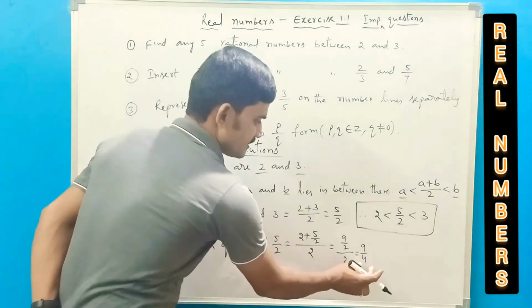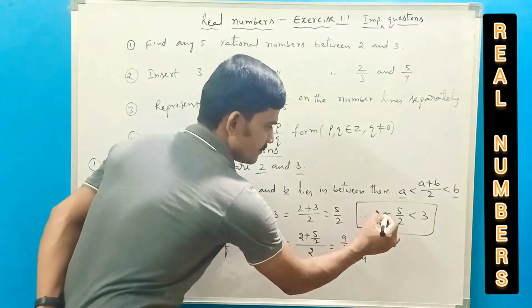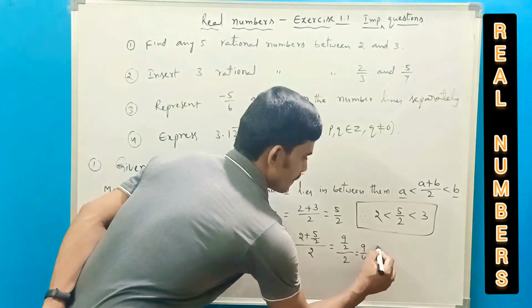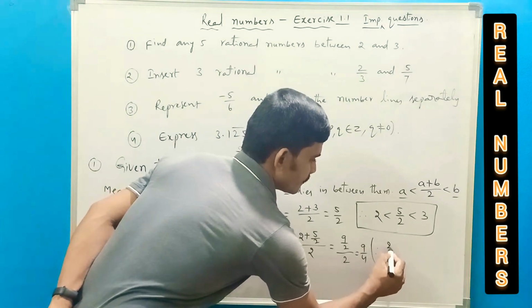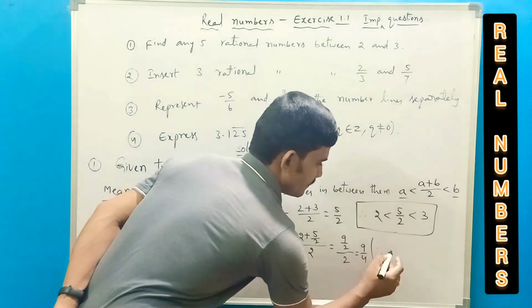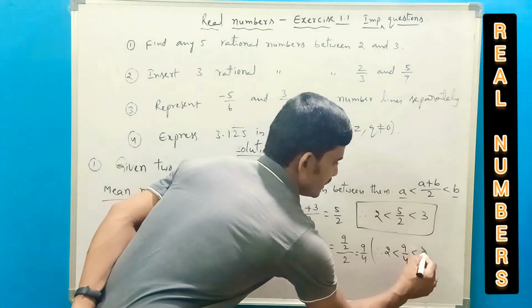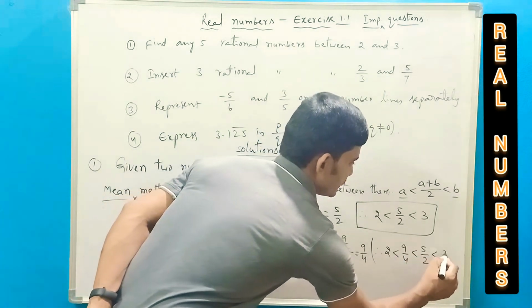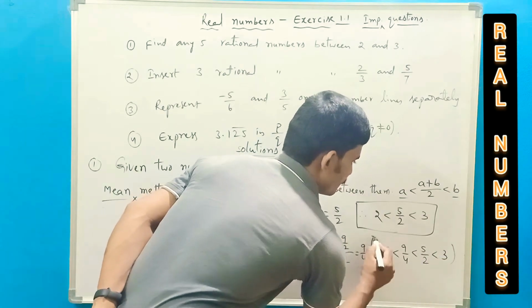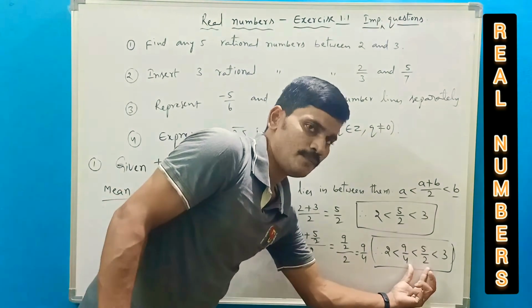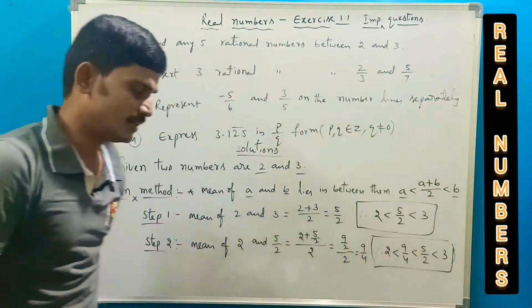Which means this 9 by 4 lies in between these two. So again, 2 less than 9 by 4 less than 5 by 2 less than 3. So with this step, we have inserted 2 rational numbers between 2 and 3.